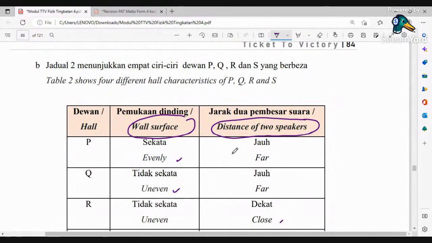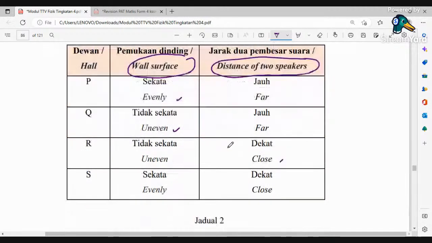Actually, we want to reduce effect of sound due to reflection, because reflection will cause noise, or the sound will become not clear. Okay, so wall surface, to reduce reflection, we cannot use even surface or smooth surface. We will choose uneven surface.